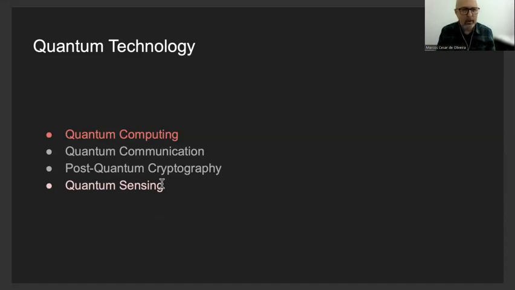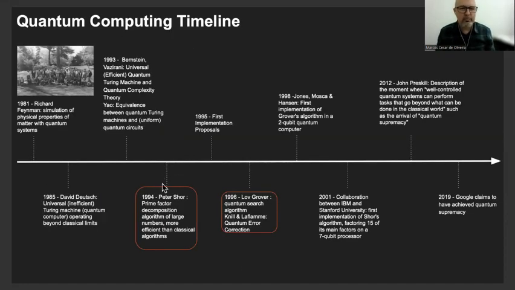Okay, so everything started back in the 80s of the last century, with a meeting by Richard Feynman and some other physicists and computer scientists, where they wanted to understand whether you could do better in terms of computation and processing of information if you consider the quantum nature of matter.